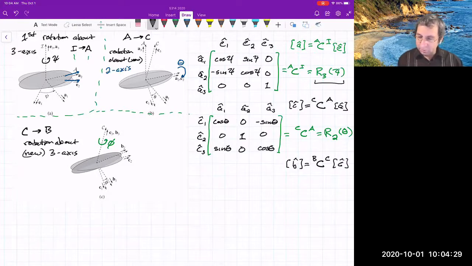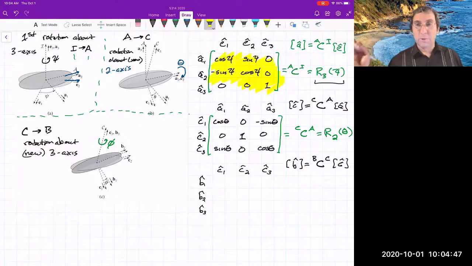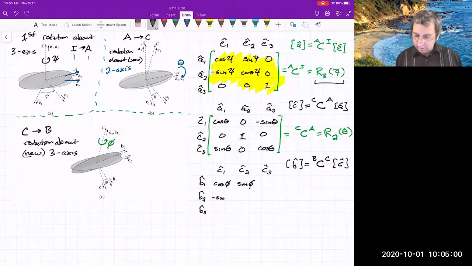All right, make our table where now the C unit vectors are along the top and the B unit vectors are down here. And we could just copy what we had up here for a rotation about the number 3 direction, just changing the angle now. This is cosine phi, sine phi, negative sine phi, cosine phi, 0, 0, 1, 0, 0.